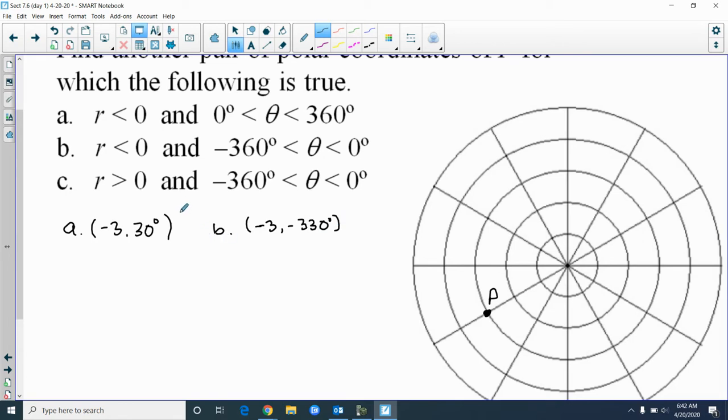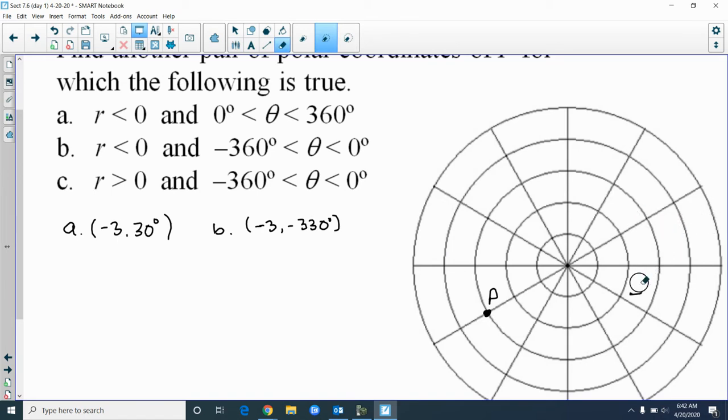So I'm just going to write it down, negative 3, negative 330. So you start here for a negative angle. We go this direction. So I go all the way around to this point here. That would be the point 3, negative 330. Well, since it's a negative, we go through the origin to the other side, and that puts me back here. So the point negative 3, negative 330 is going to give me that same point P.